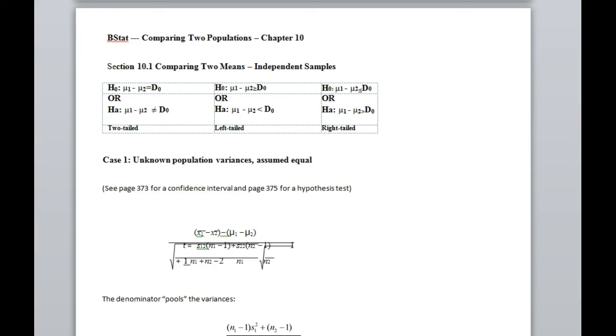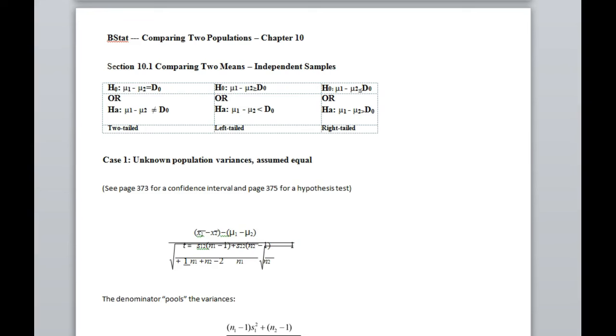Okay, so what's going to be different in Chapter 10 is that we essentially are going to have two samples rather than one, and we're going to be comparing those samples to each other. So there's no longer this mythical proposed mu. There's no longer this assumption that we know something, or that there's an assumed belief about the population. The only real assumption we're going to be making is that a lot of the time we're going to assume that the population parameters are equal, and then we're going to have to prove or disprove that.